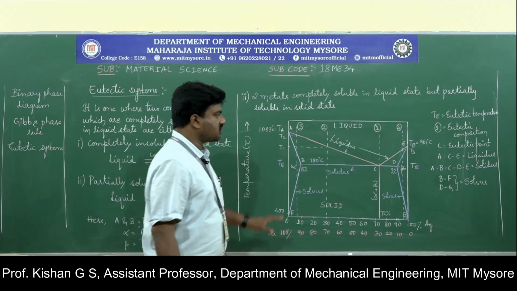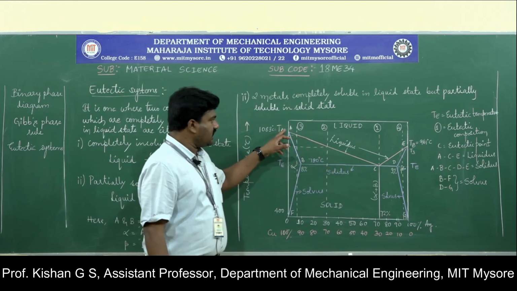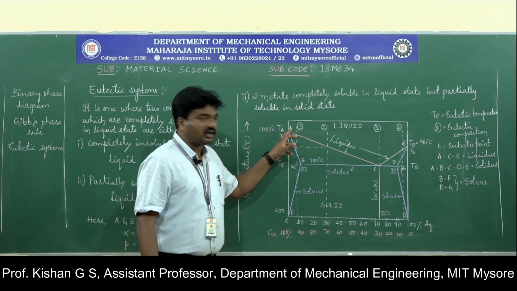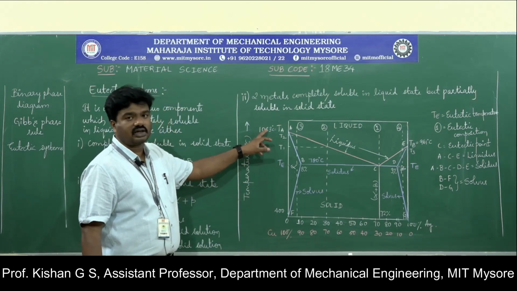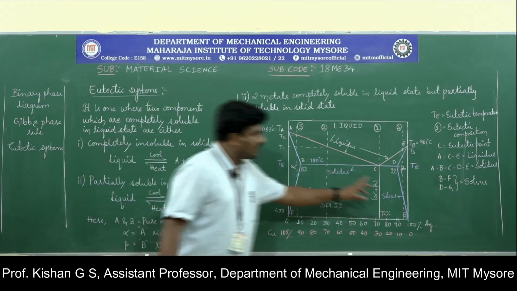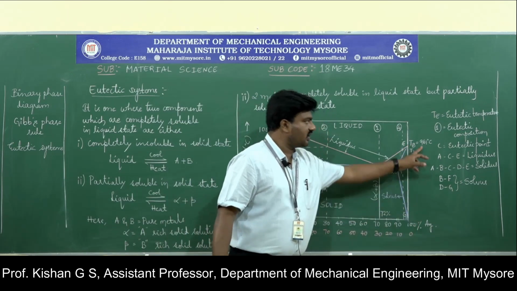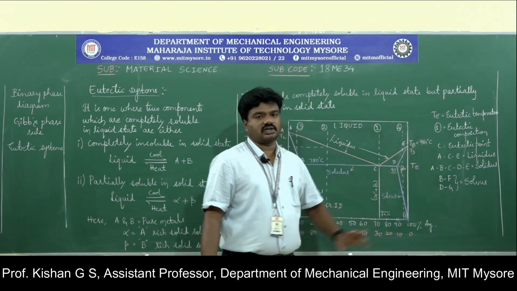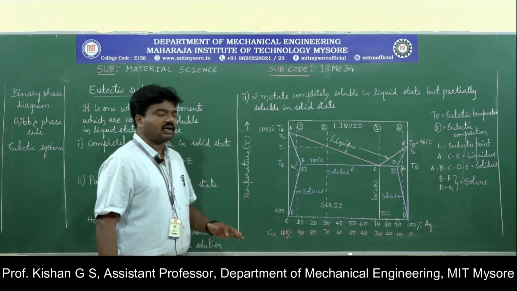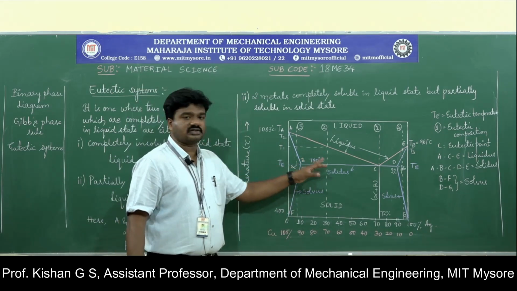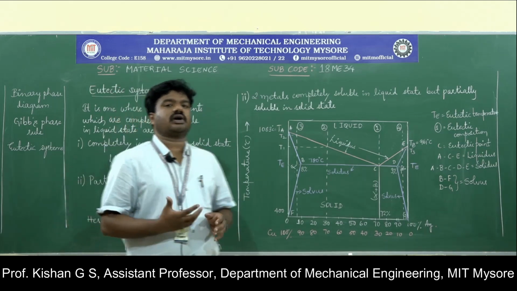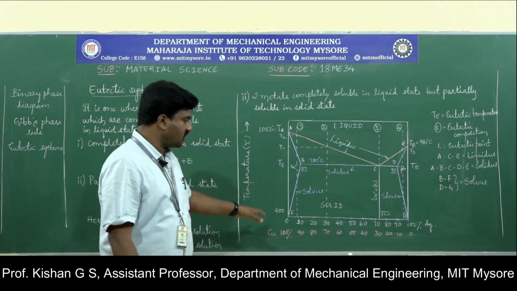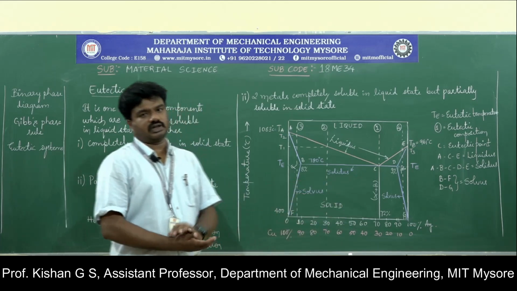So TA is the melting temperature of copper, that is 1083 degrees Celsius, whereas TB is the melting temperature of silver, 961 degrees Celsius, and the eutectic temperature is 780 degrees Celsius for this particular combination. Here we have directly quoted the numbers because we are directly taking the combination of copper and silver.